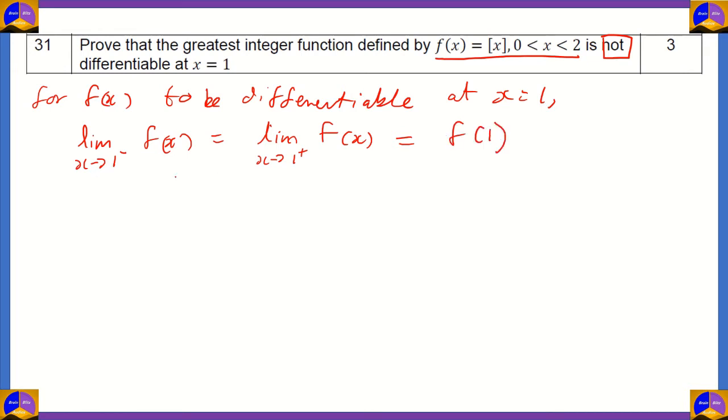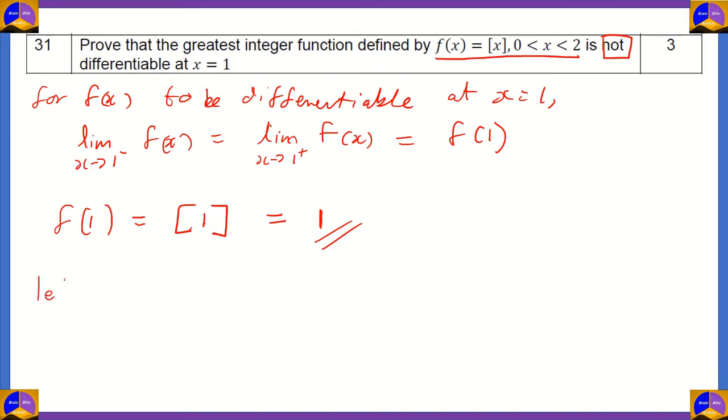So basically, the left limit must be equal to the right limit so that the limit exists, and this should be equal to f(1) in order to make sure that it's differentiable at x equals 1. So let's look at our function. The function is f(x) equals the greatest integer function of x. So for x equals 1, f(1) will be equal to the greatest integer function of 1, which will be equal to itself. So 1. So f(1) is equal to 1.